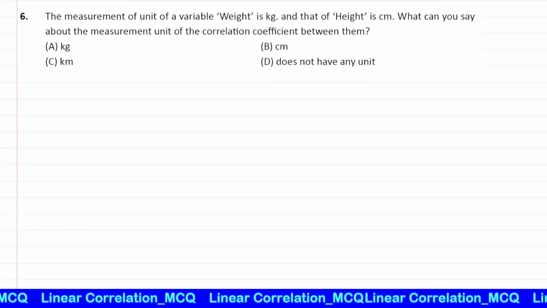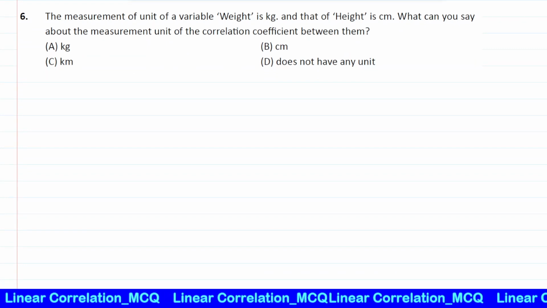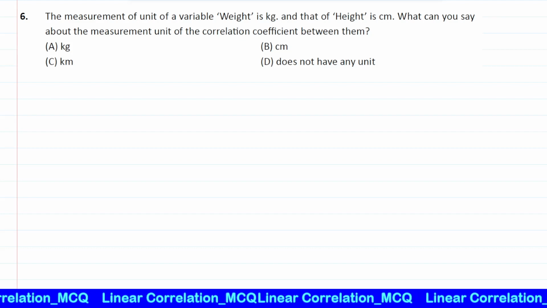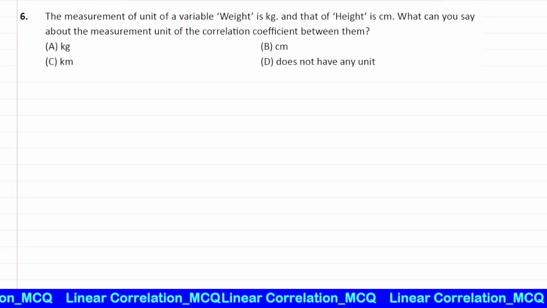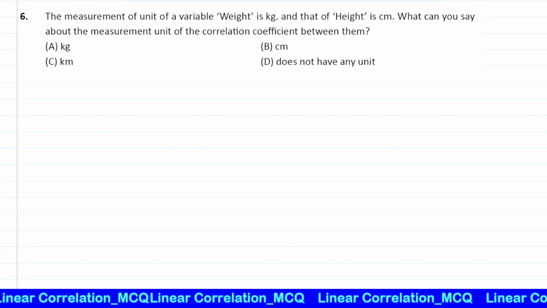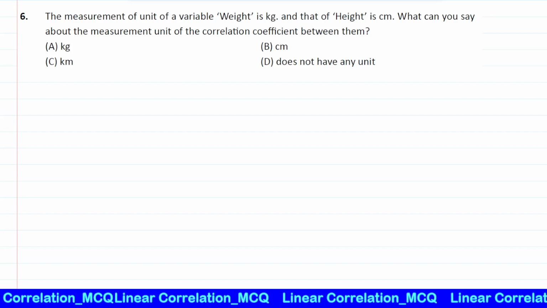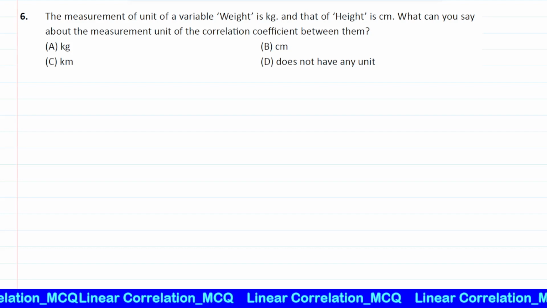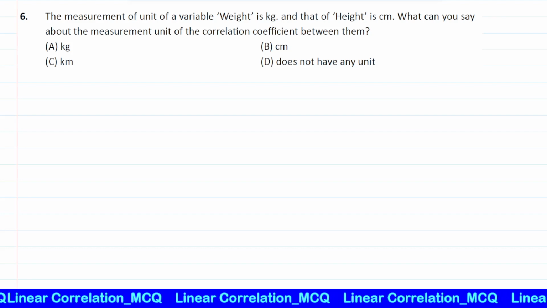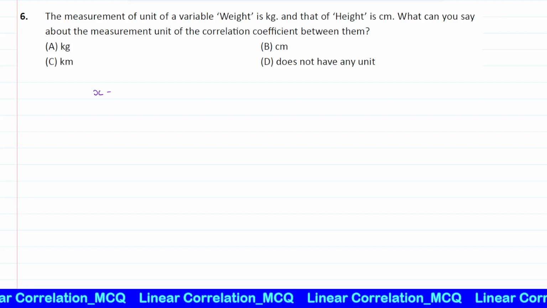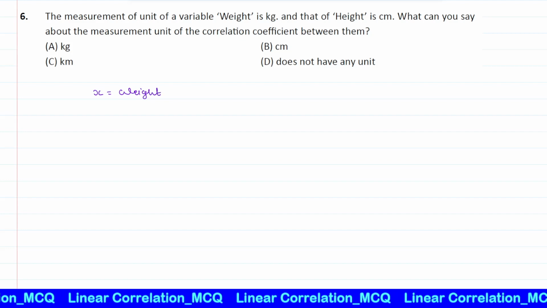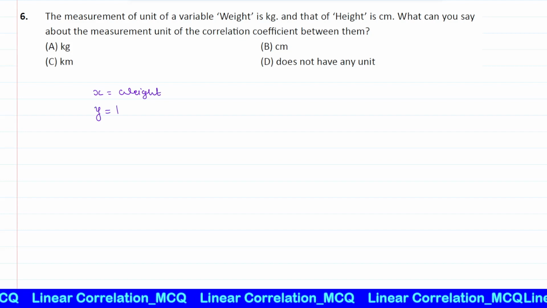Question number 6. The measurement unit of variable weight is kilogram and that of height is centimeter. What can you say about the measurement unit of the correlation coefficient between them? Okay, see, x equals weight and y equals height.